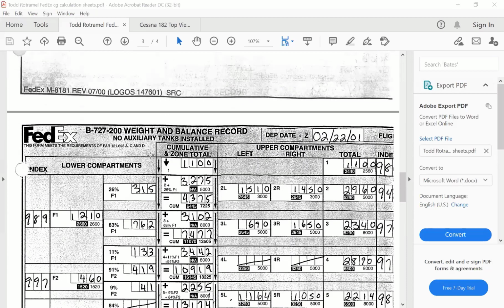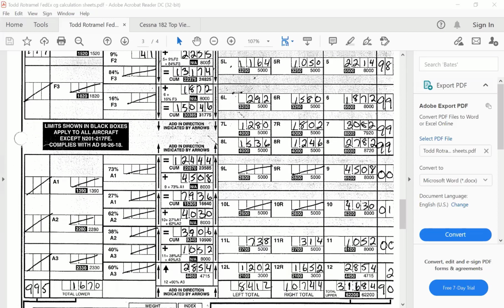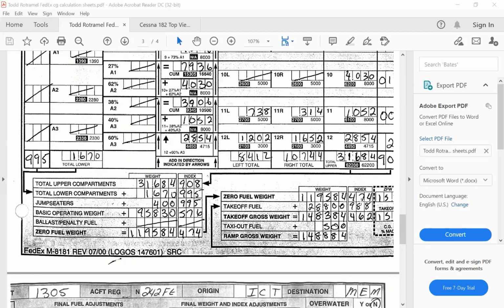So then that goes into the next sheet here where he's grabbing all those weights and indices and putting them in this spreadsheet to go down and calculate some totals here at the bottom.